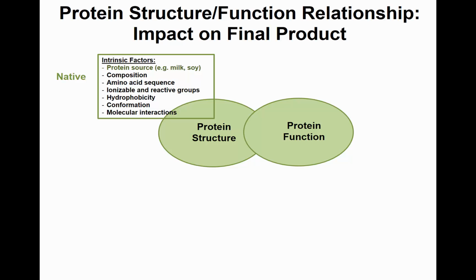We have intrinsic factors, that means factors that are present already in the protein, and that would be due to the protein source. I have that in green because there will be a whole section on different protein sources, like milk, soy, cereal, meat, egg, etc.